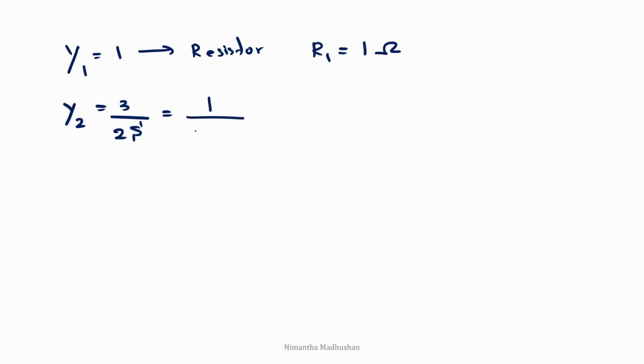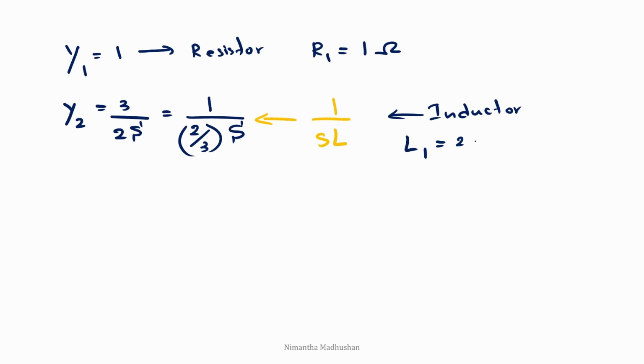I rearrange it as 2 over 3 S. Now this one is similar to 1 over S times L. This value is the inductor value. Then this representation is an inductor. L1 is equal to 2 over 3 Henry.